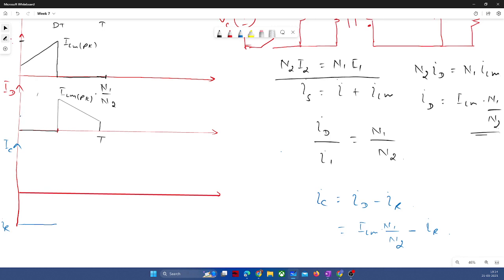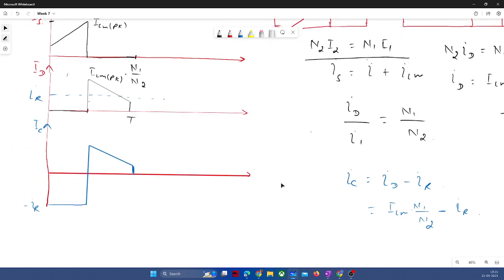And if we reduce the IR, let us assume this much is IR, then we will get this kind of curve. Now we have drawn almost everything.